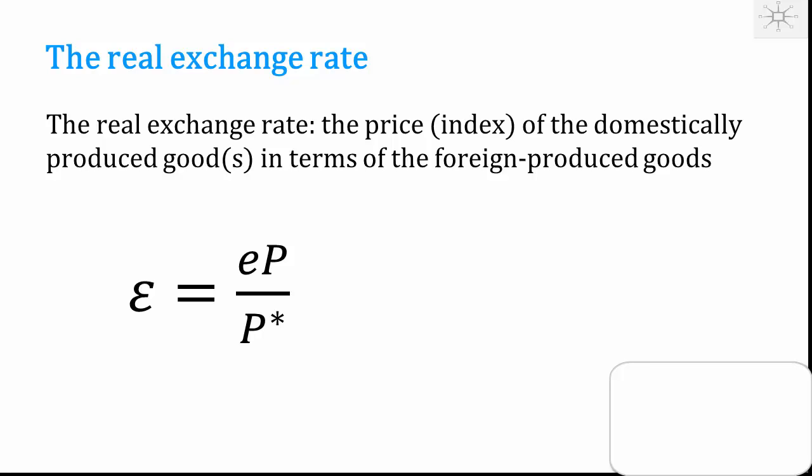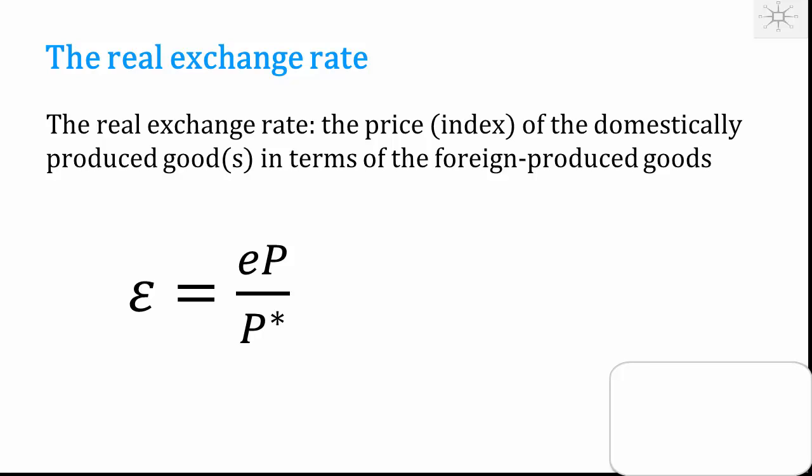And if the foreigner buys the goods produced in the small open economy, then the price in the currency of the small open economy is P, but then the price of the small open economy currency is E. So the price for the foreigner will be E times P. So epsilon is now the relative price of domestically produced goods compared to foreign produced goods. And we call that the real exchange rate.